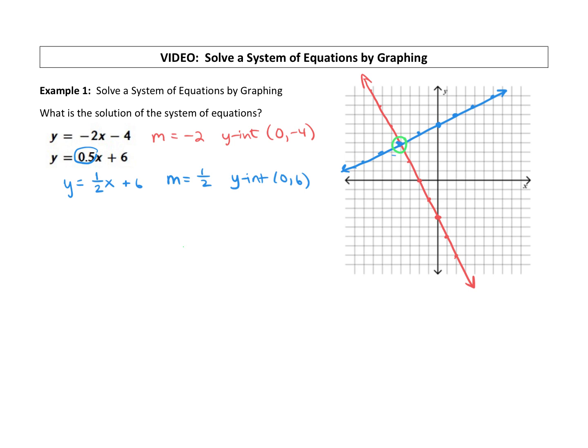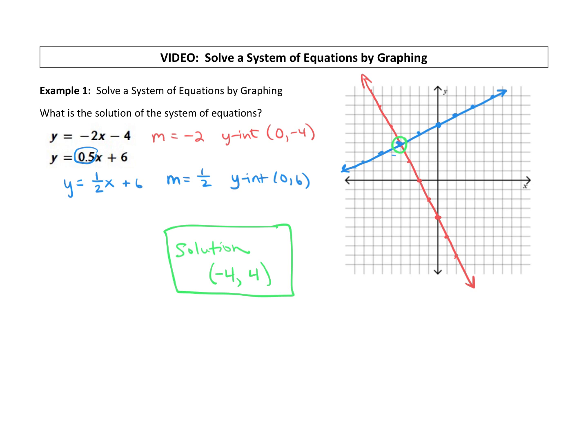So the ordered pair is going to be the solution. And if we go from the origin, the x, we go to the left, 1, 2, 3, 4, and we go up, 1, 2, 3, 4. So the solution is the ordered pair, negative 4, comma 4. And that's how you can solve a system of equations by graphing.